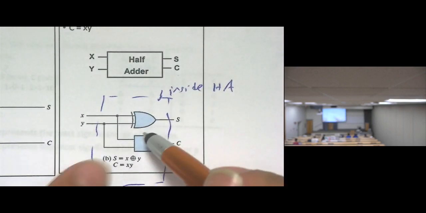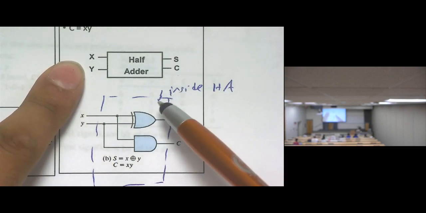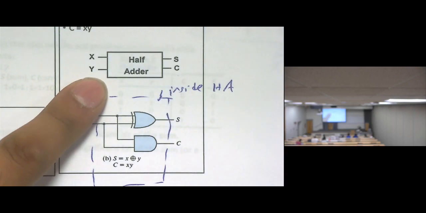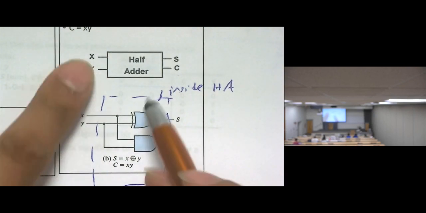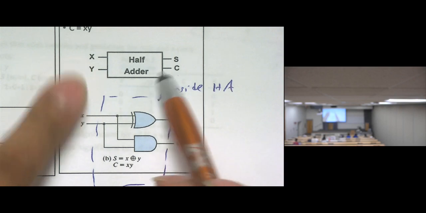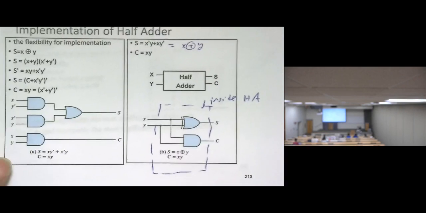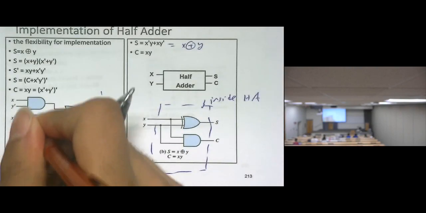So instead of drawing these circuits, we're going to use this as a shortcut, because it will be easier for us when we're trying to make a chip, an integrated circuit. So this is the IC for the half adder. There's another representation, which is this. This is also inside the box.